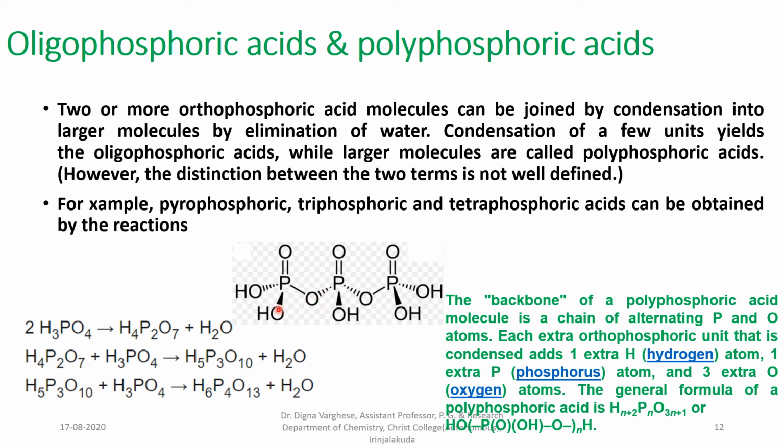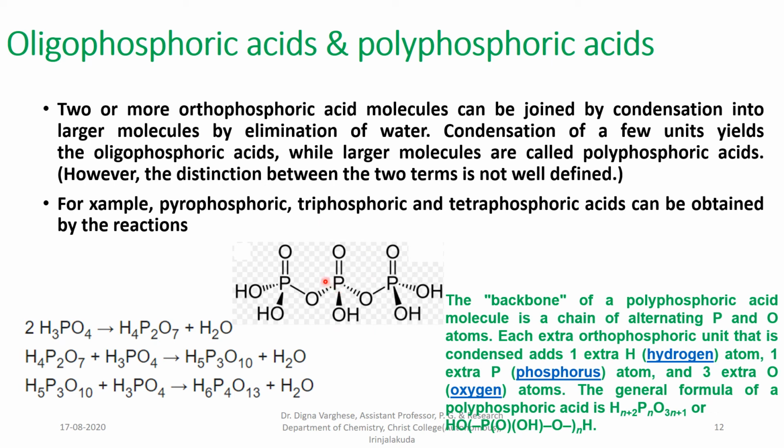Here H3PO4 is the molecular formula of the orthophosphoric acid unit, which is condensed, forming here H2 and 4 oxygen atoms, but 1 hydrogen is missing. So 1 extra hydrogen atom, 1 extra phosphorus atom and 3 extra oxygen atoms are joined to this.